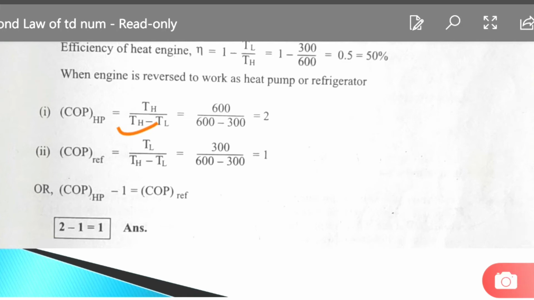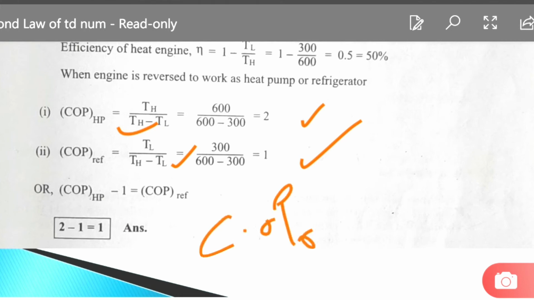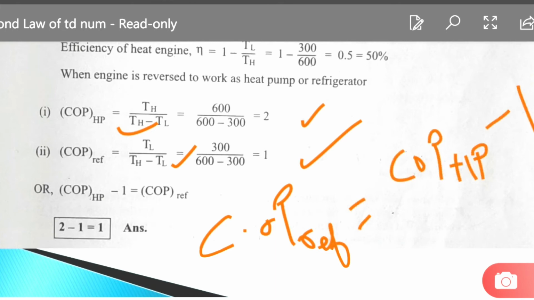After calculation, that is equal to 2. The COP of the refrigerator is TL divided by TH minus TL, so the value of COP of the refrigerator is 1. Another formula is COP of heat pump minus 1 equal to COP of refrigerator. So COP refrigerator equal to COP HP minus 1.